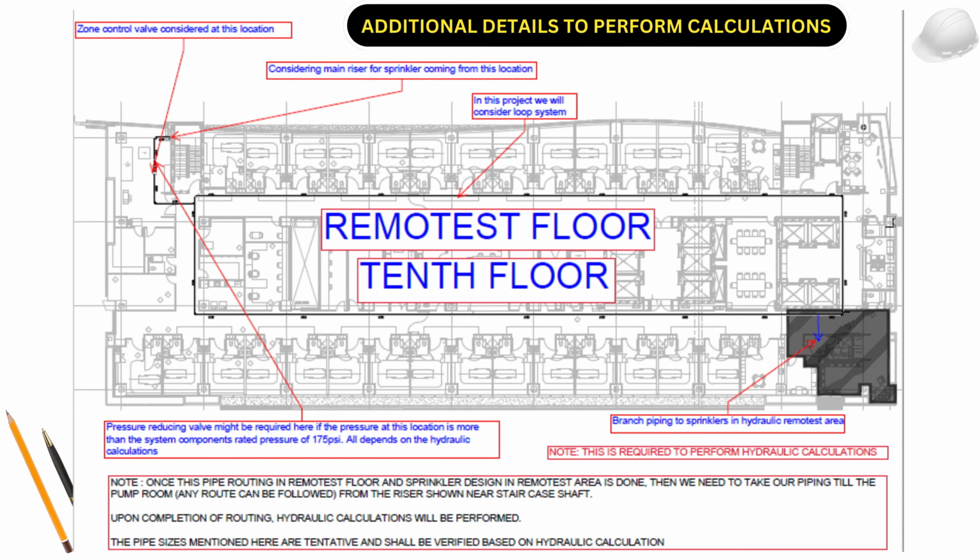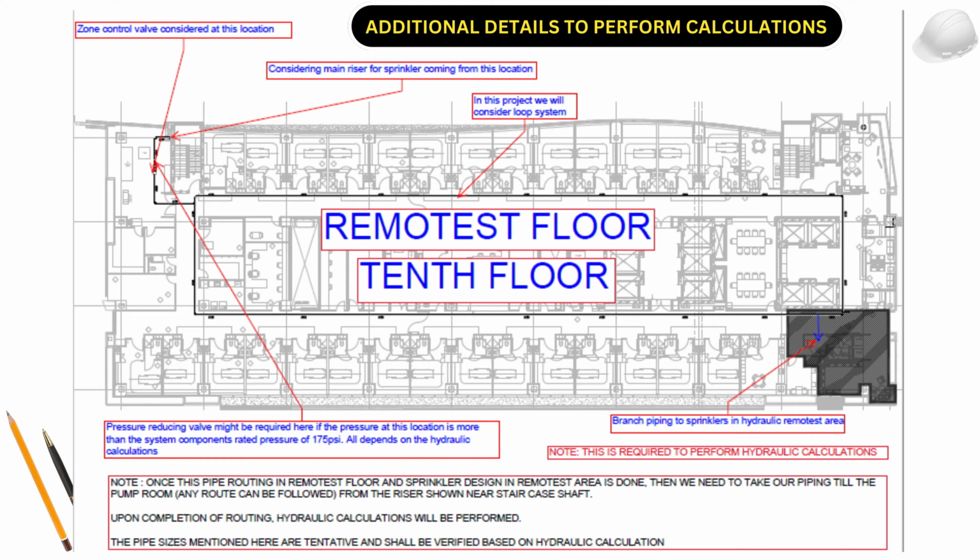On the right hand side we have the hatched portion, which is the most hydraulically demanding area, and we have shown a loop piping in this particular project. Apart from that, the main line has been considered from the left side staircase, and immediately after the pipe crosses the staircase, we have shown the zone control valve.